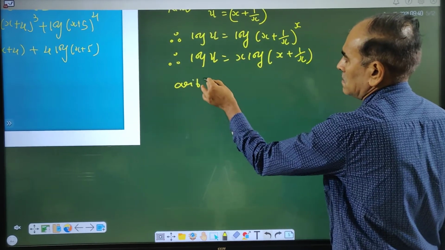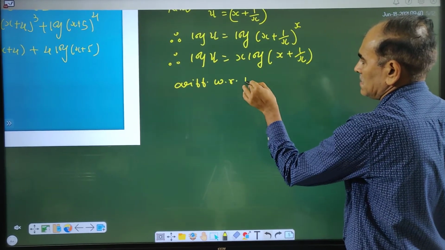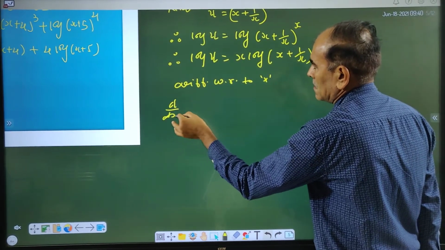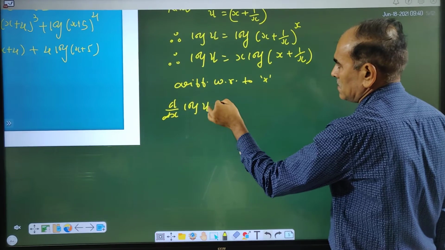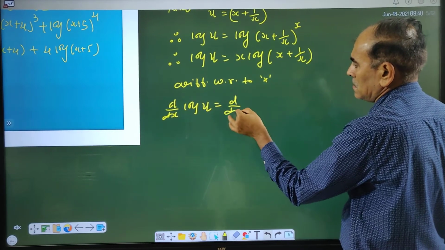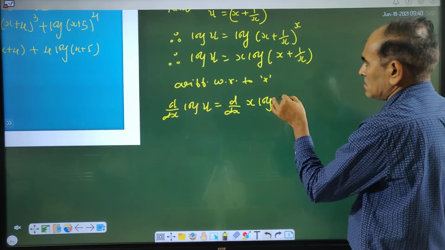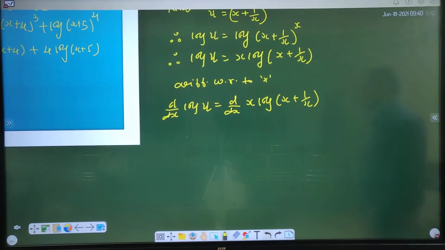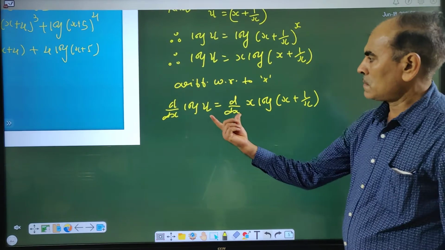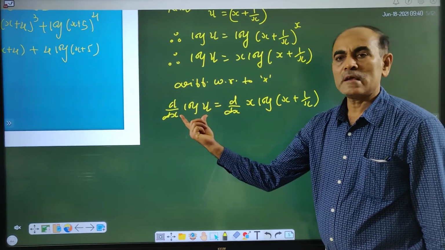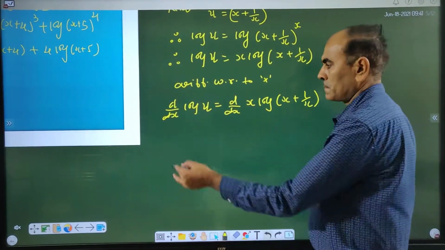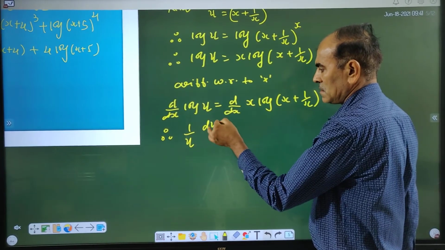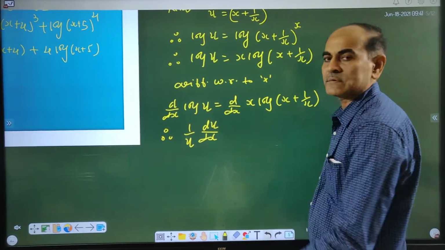So differentiate with respect to x on both sides. d by dx of log u is equal to d by dx of x log (x plus 1 by x). Now, what is d by dx of log of some function? 1 by some function, d by dx of some function.